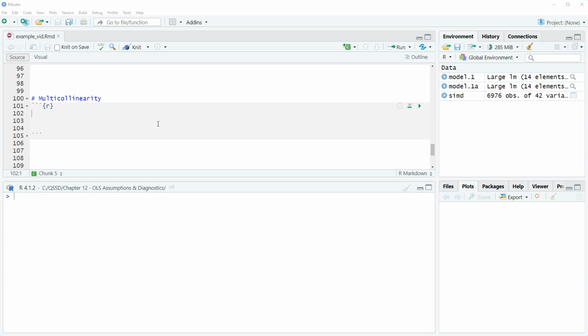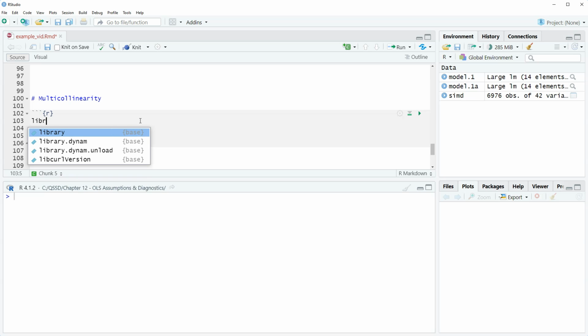So we're going to look at two things here. One, we're just going to do a correlation between the predictors in our model. This isn't a formal, technical test for multicollinearity, but I like to do this because it gives me a sense of the relationships between our predictors. We're going to use the corrr package.